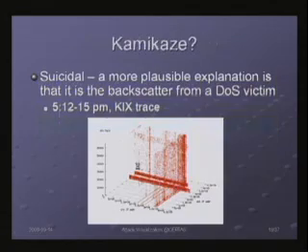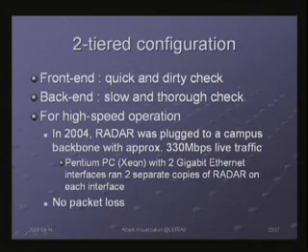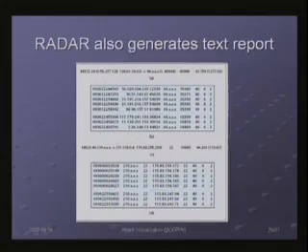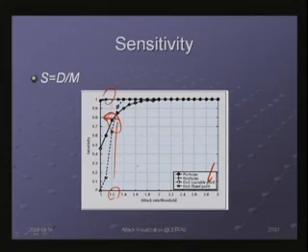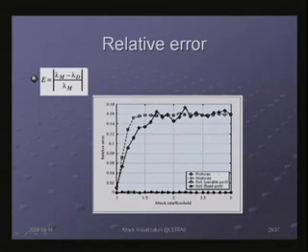So that's why we sometimes get a wrong signature for a packet, and that is the reason we have lower sensitivity for the attacks that have variable port numbers. And the relative error is also high for those two types of attacks that have variable port numbers.